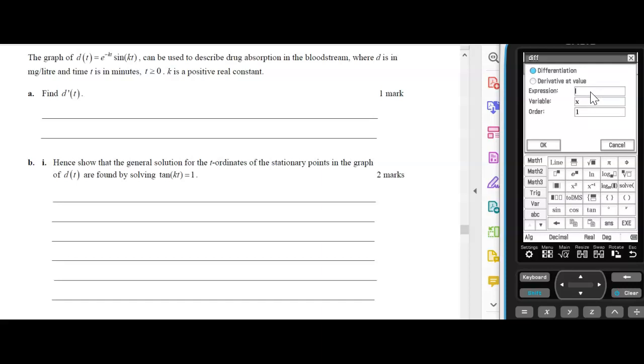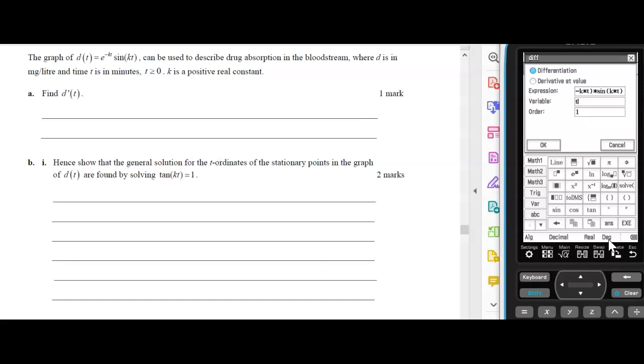All right, so we've got e to the negative k. Now just make sure you put a multiply between your k and your t. Otherwise it'll probably read it as one variable, times sine of kt, so k times t, and variable is t, so I need to change that to t, and we're only doing one single derivative.